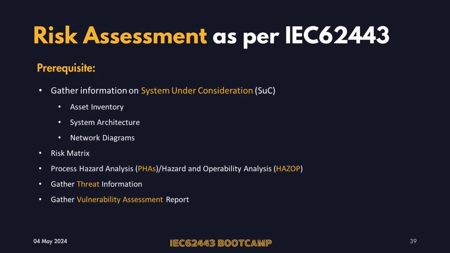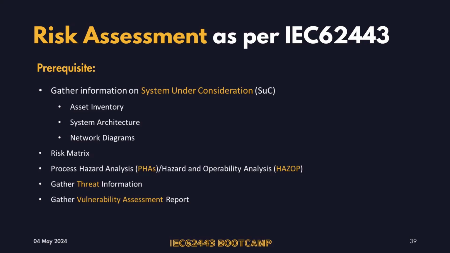You can also collect the system architecture and network diagrams. The risk matrix is also very important, because the tolerable risk level varies from organization to organization. So this risk matrix is very important to quantify the risk.